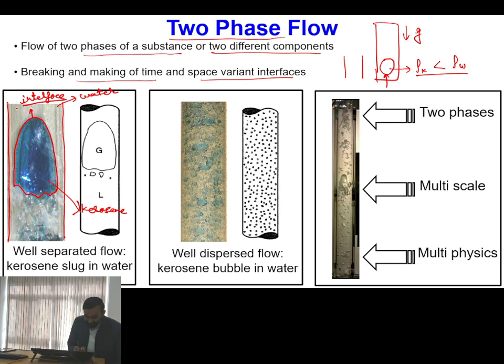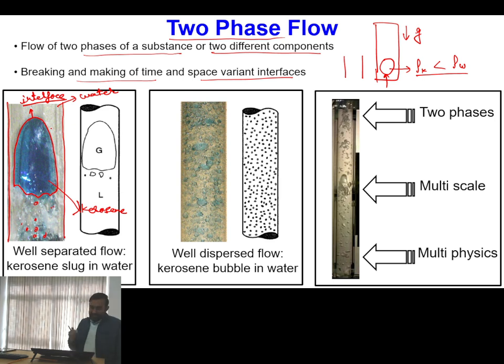And of course, in the wake of the bubble, there are again small bubbles observed. But if we don't focus on these small bubbles at the moment, and majorly focus on this large chunk of kerosene, I can make a clear separation between this kerosene and the water.